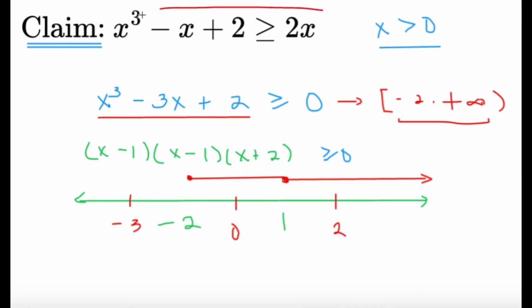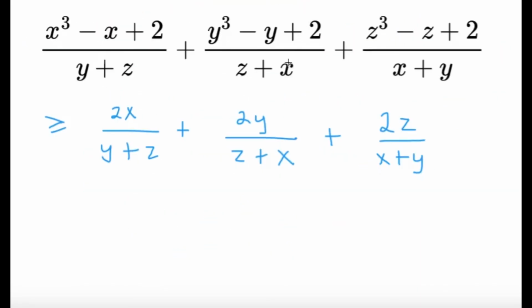All right. Now, after we make this claim, what's going to happen next is this. The given expression is pretty long, but since we know that x cubed minus x plus 2 is greater than or equal to 2x, the first term becomes like this. And similarly for the second and the third term, it becomes 2y and 2z in the numerator.